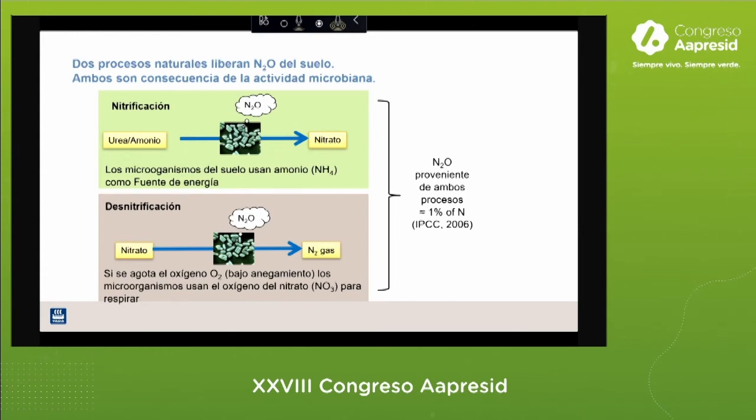During these conversion processes, of ammonium to nitrate and of nitrate to nitrogen gas, N2O appears as an intermediate product in these microbial processes, and N2O is also volatile and can be lost to the atmosphere, and is a strong greenhouse gas.